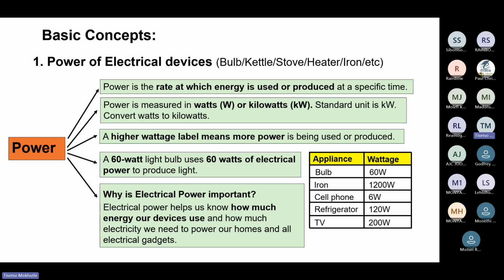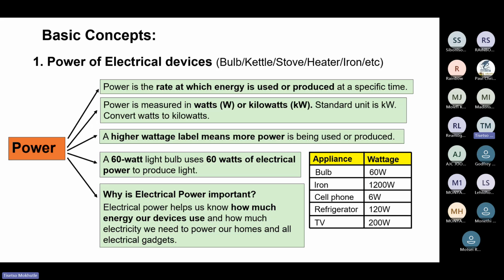I'm just giving you an example. If we've got 2 kettles, the one has a lower wattage label, let's say 100 watts for argument's sake, and the other has 200.